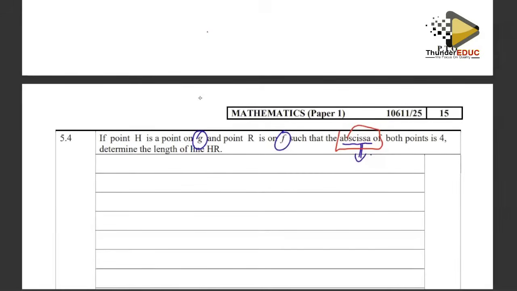But in other words, it represents the x-coordinate, such that the x-coordinate of both points is 4. So I determine the length of HR.